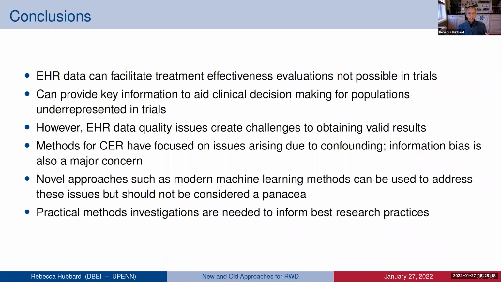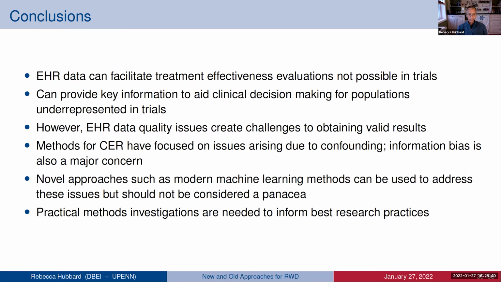So I think the first couple of points on here just repeat what I just said, that EHR data give us the opportunity to investigate questions that it would be infeasible or untimely to investigate using clinical trials. And in particular, I think their ability to allow us to extend inference to underrepresented populations is particularly important.